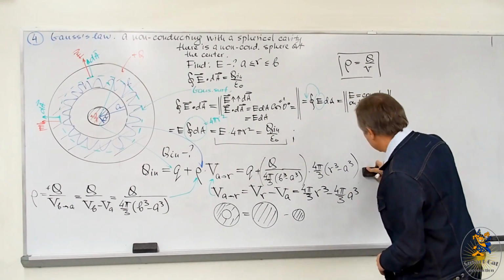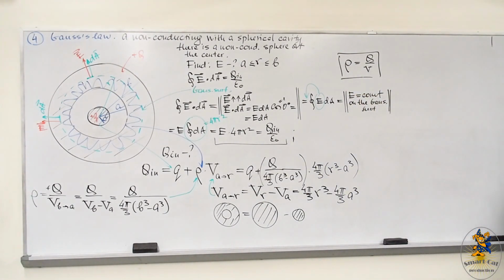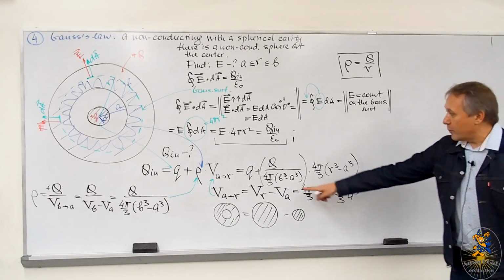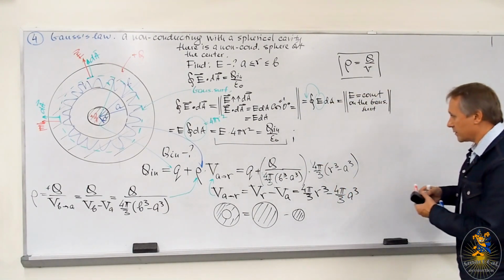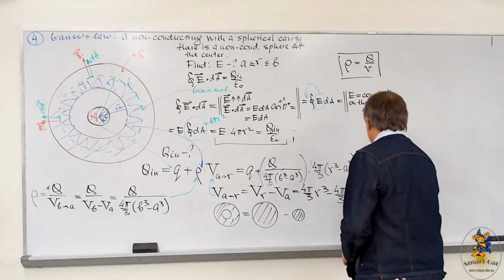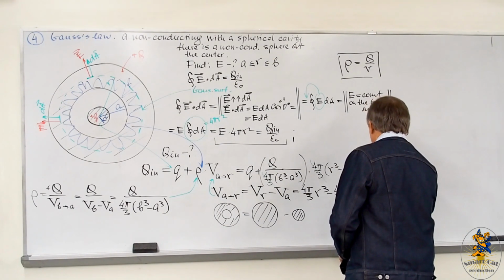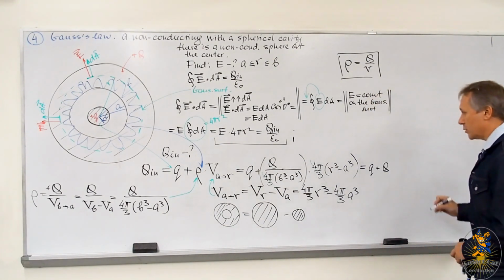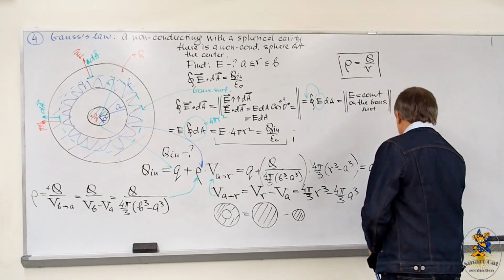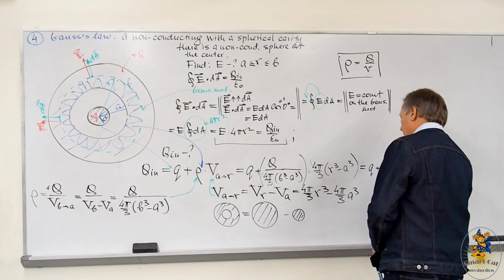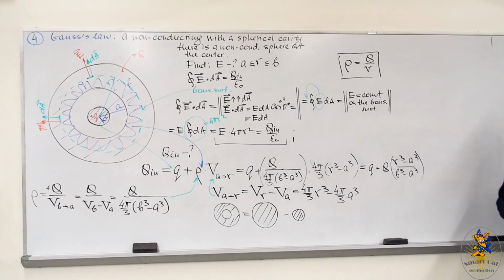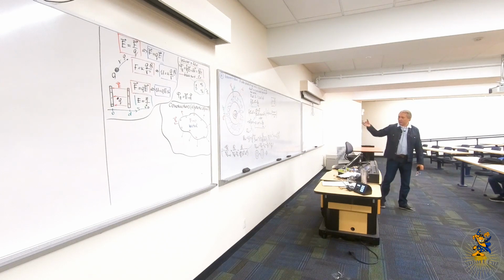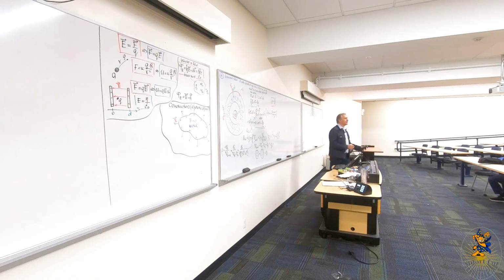Wait, no. That parenthesis shouldn't be there. All right, so 4 pi over 3 can be cancelled. And as a result, we will have the final expression. So it's Q small plus Q capital, and the ratio of r cubed minus a cubed over b cubed minus a cubed. So you see, we just subtracted the whole all the time. Upstairs, downstairs. So this amount, this is the Q enclosed.